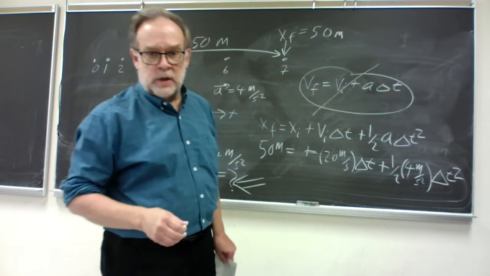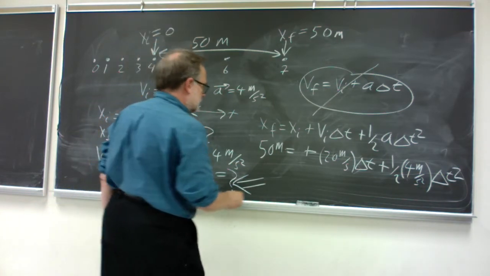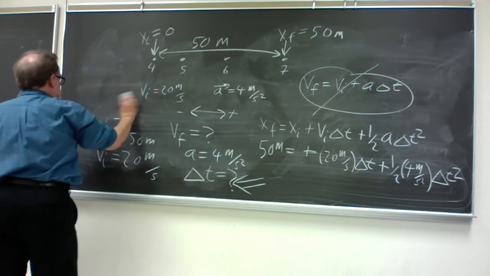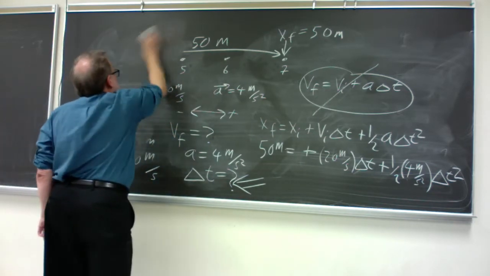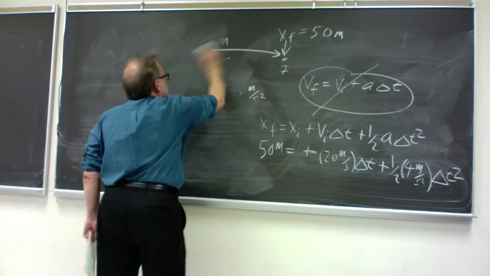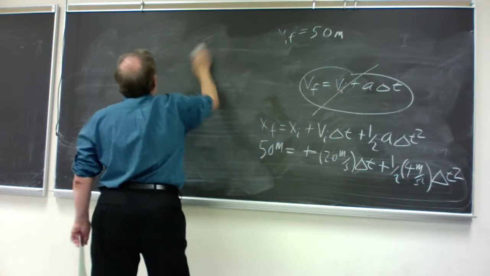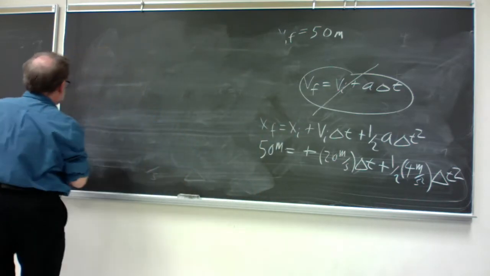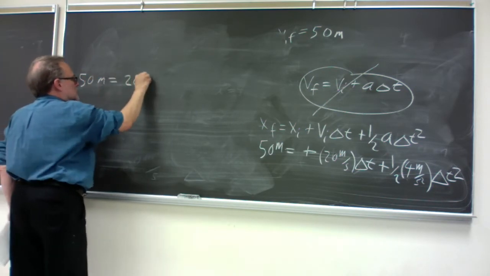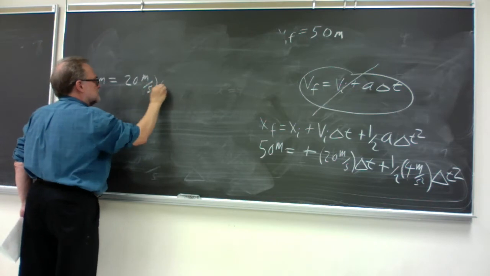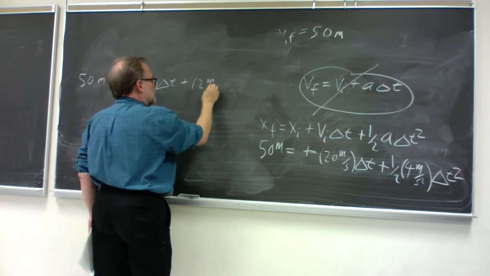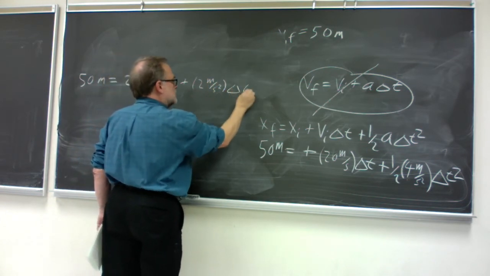Okay, now write this just a little bit more compactly. So 50 meters equals 20 meters per second delta t plus 1/2 times 4, that's 2 meters per second squared, delta t squared.